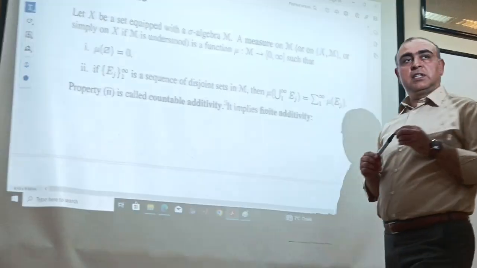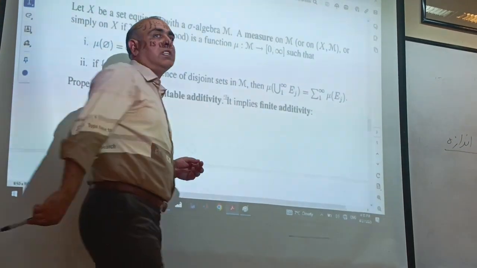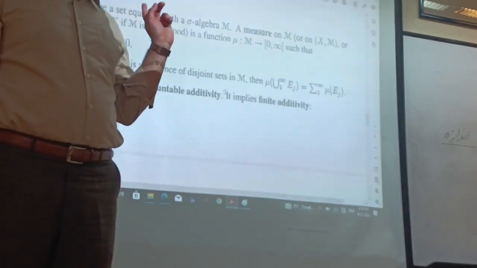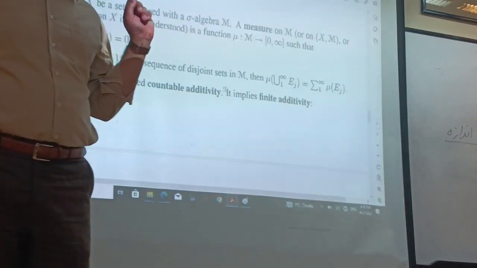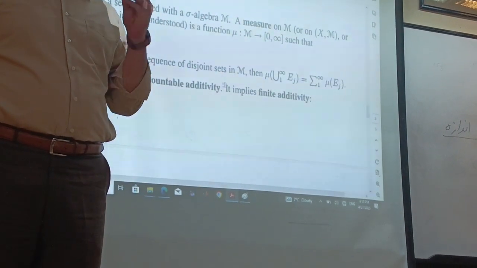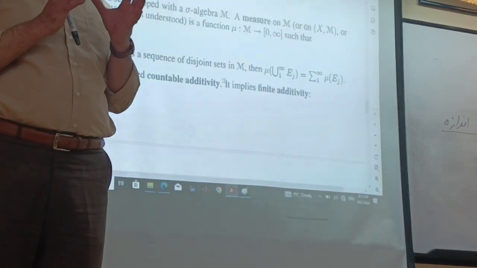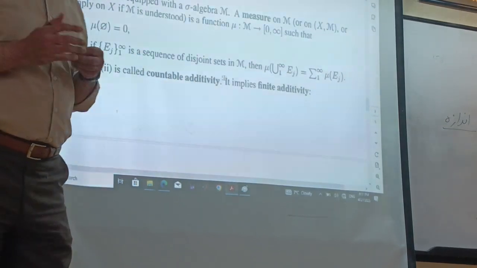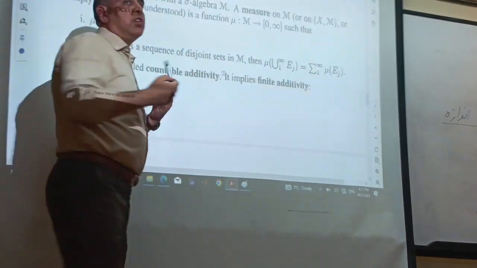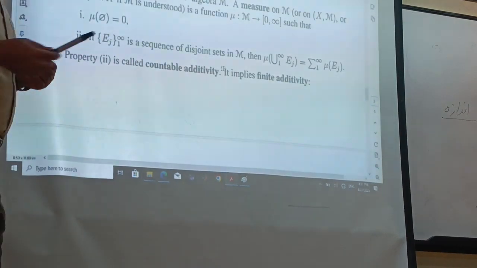Okay, a measure is a function from M to this interval, and M is a sigma algebra. So a measure is defined on a sigma algebra. If we do not have a sigma algebra, we cannot define a measure.